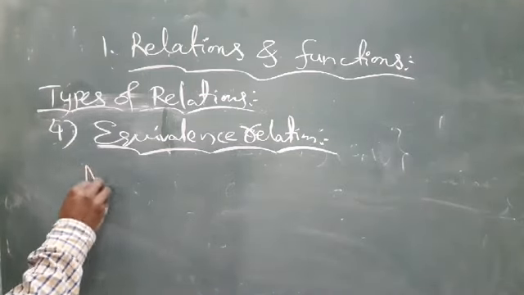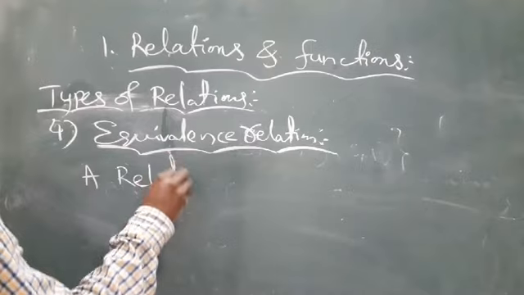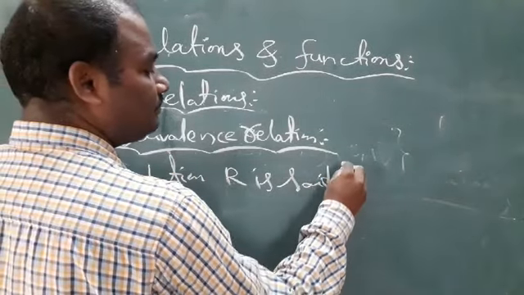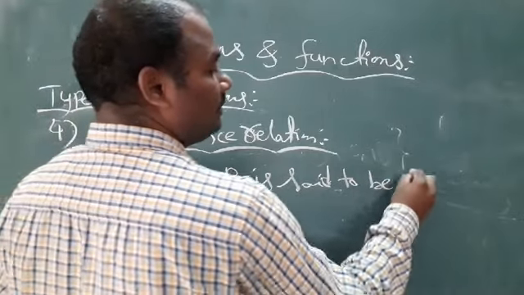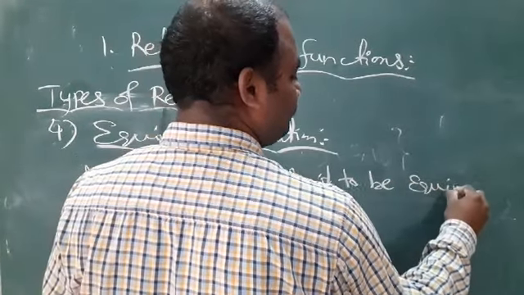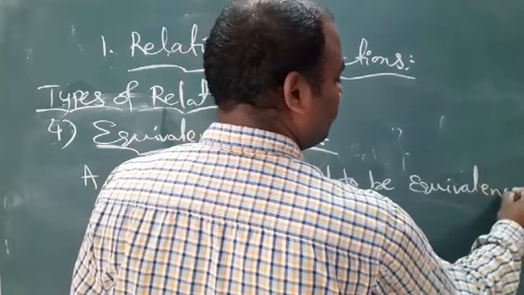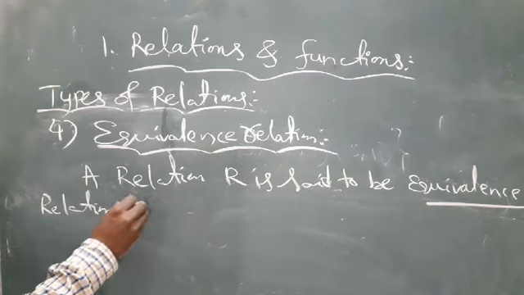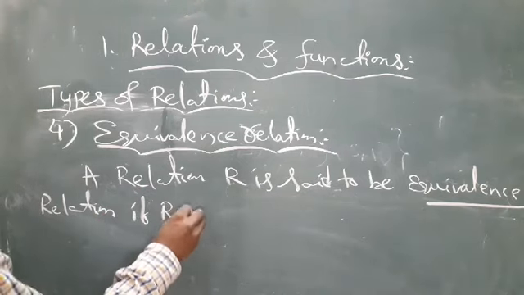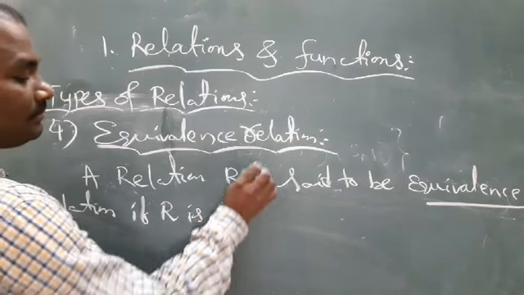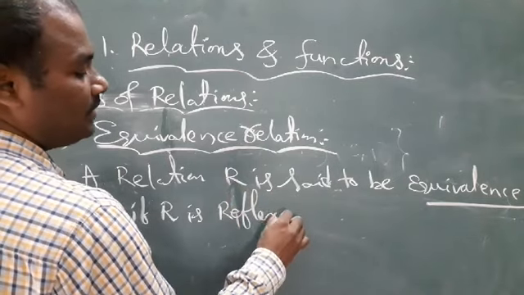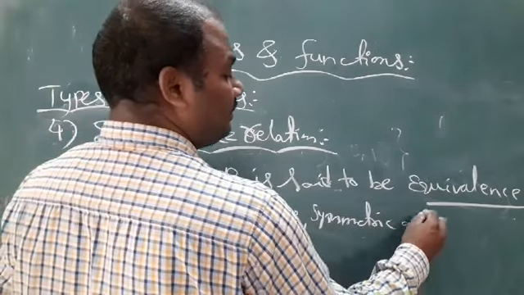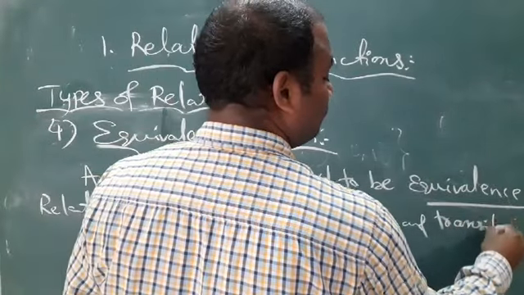A relation R is said to be an equivalence relation if R is reflexive, symmetric and transitive.